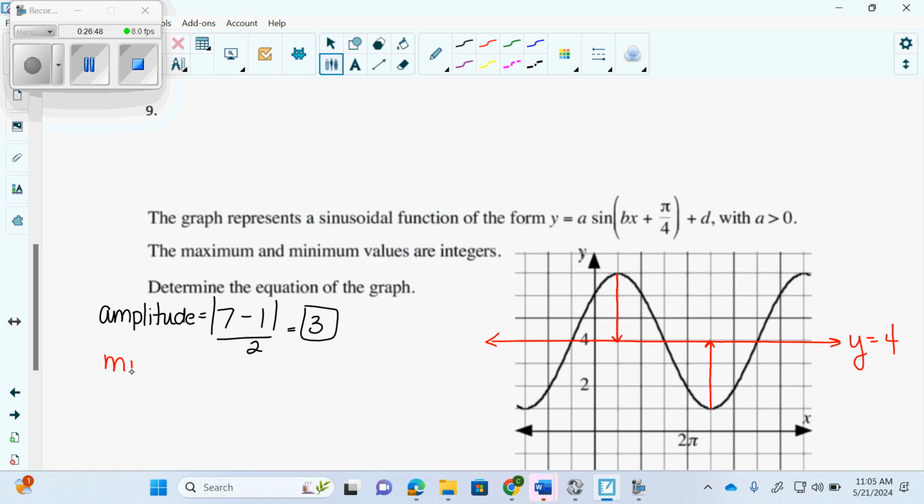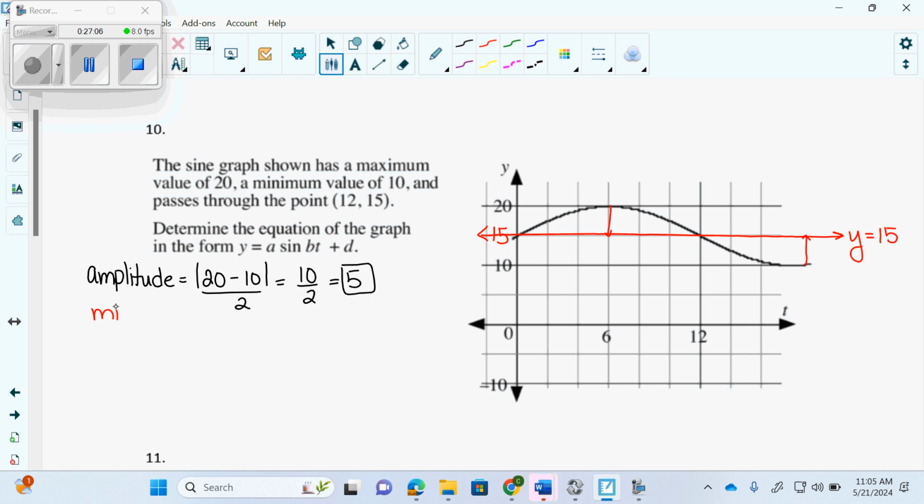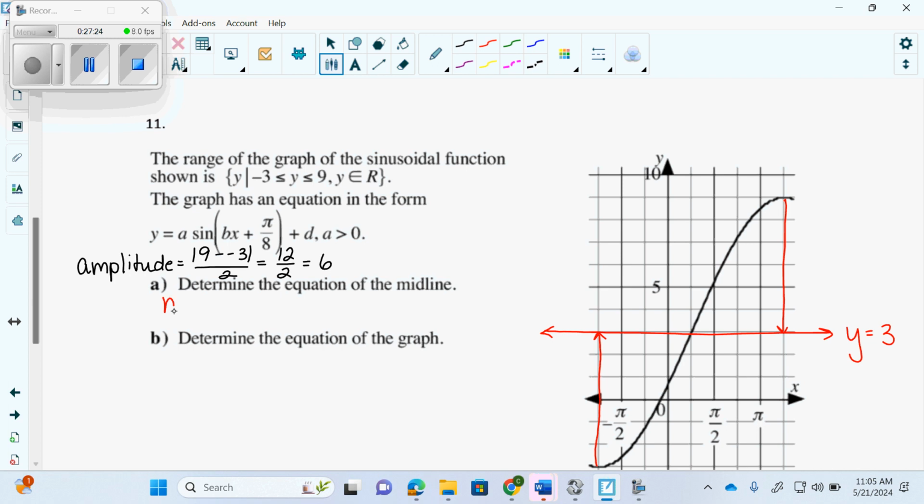This one we have a midline at y equals 4 and a median value equal to 4. Then here we have a midline of y equals 15 and a median value of 15. Then here we have a midline at y equals 3 or a median value.